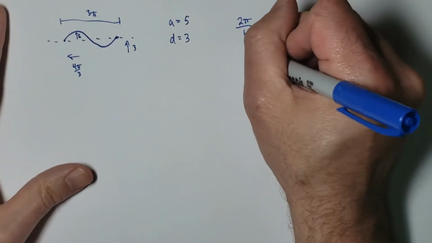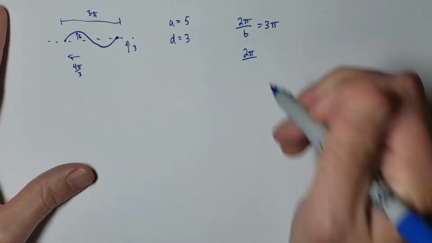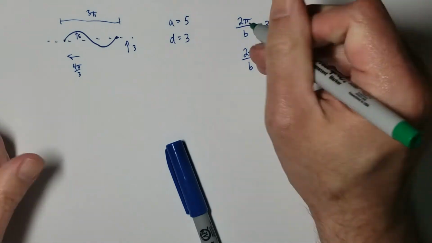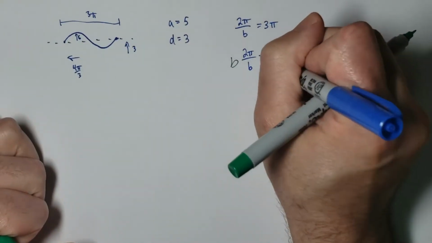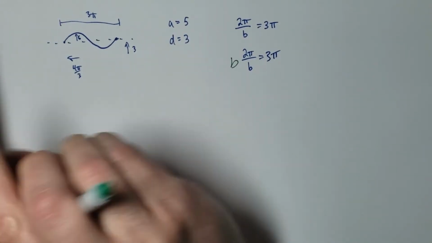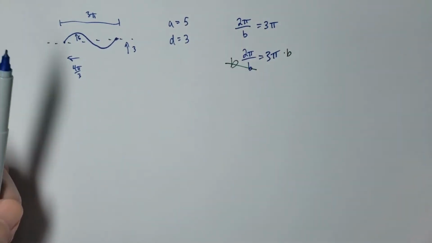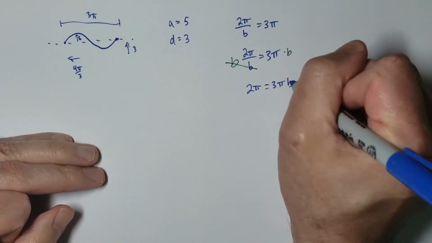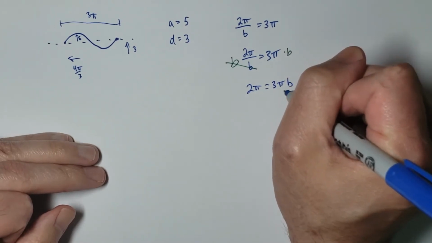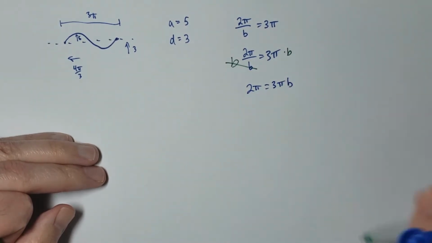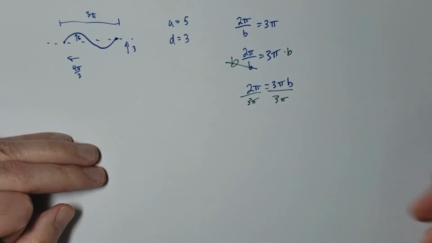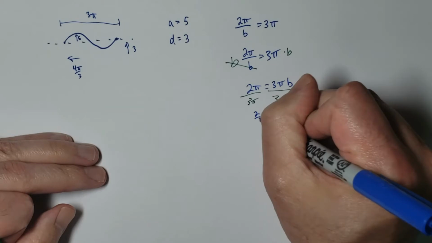And then I'm going to solve that by multiplying both sides by B. Oops, I should probably actually multiply both sides by B. Let's do it in this step, so that these cancel. I get 2 pi equals 3 pi B. And then I can divide both sides by 3 pi, and I get B equals 2/3.